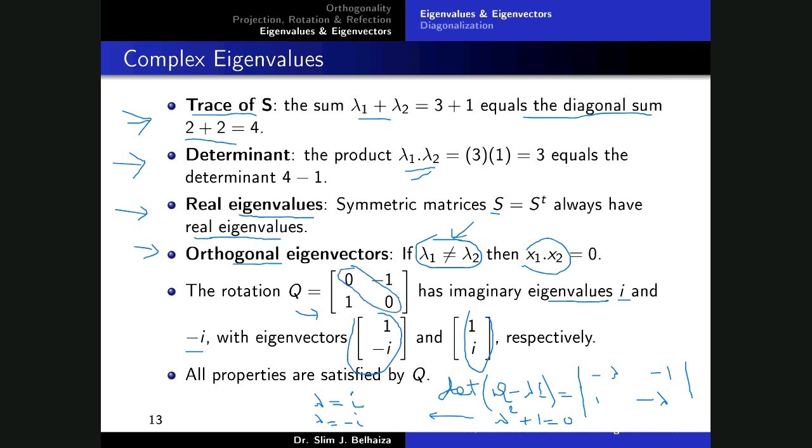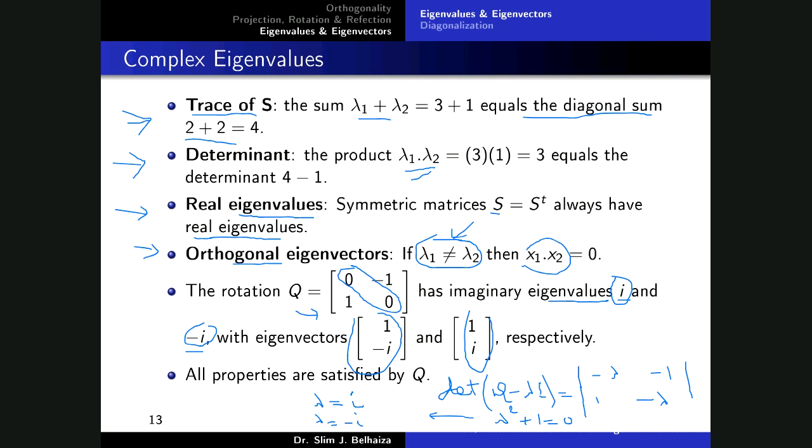And the sum of the two eigenvalues, i and minus i, is also 0. What about the determinant? The determinant here would be 0 minus minus 1, so it's plus 1. And when you multiply the two eigenvalues, i times minus i, which is minus i squared, you also get plus 1.